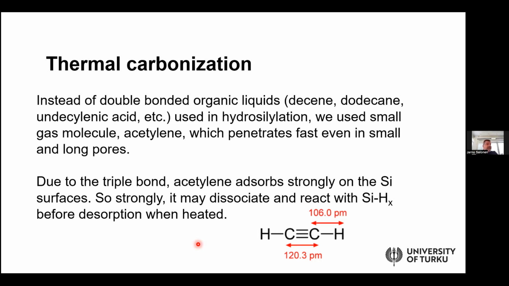These thermal acetylene treatments were used in the early 90s. They tried to make an epitaxial layer of silicon carbide on the silicon wafer using this acetylene method, but it didn't work that well.